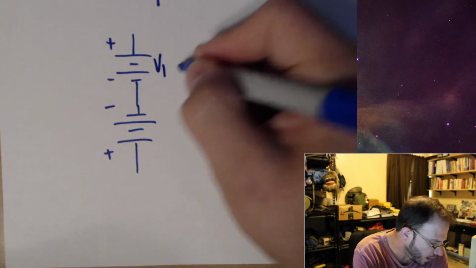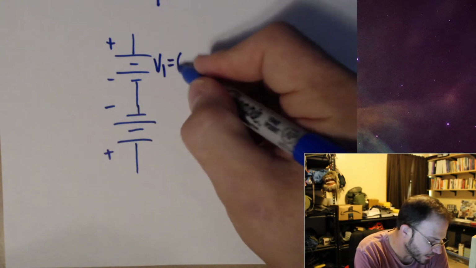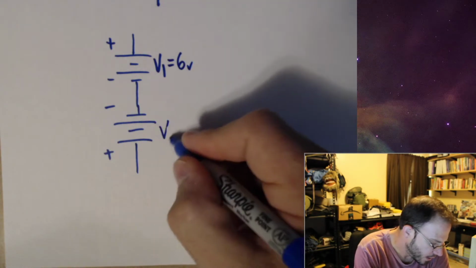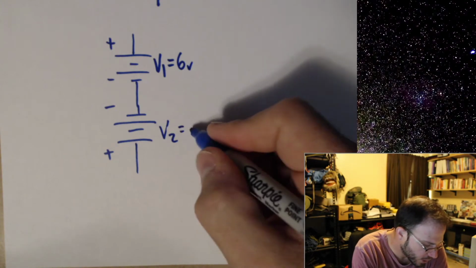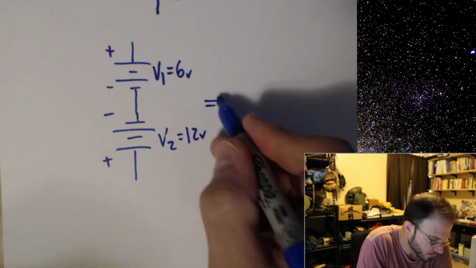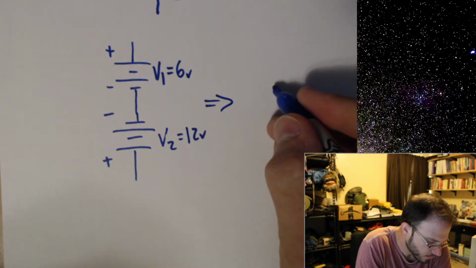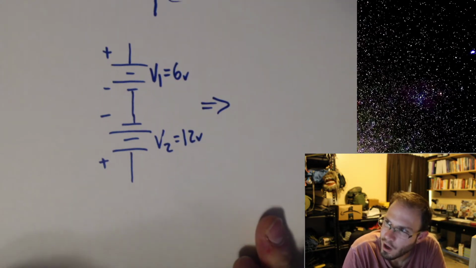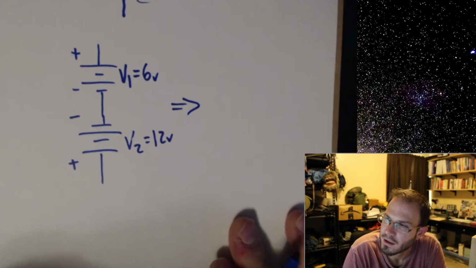And V1, I will make this one to be 6 volts. And V2 can be equal to 12 volts.